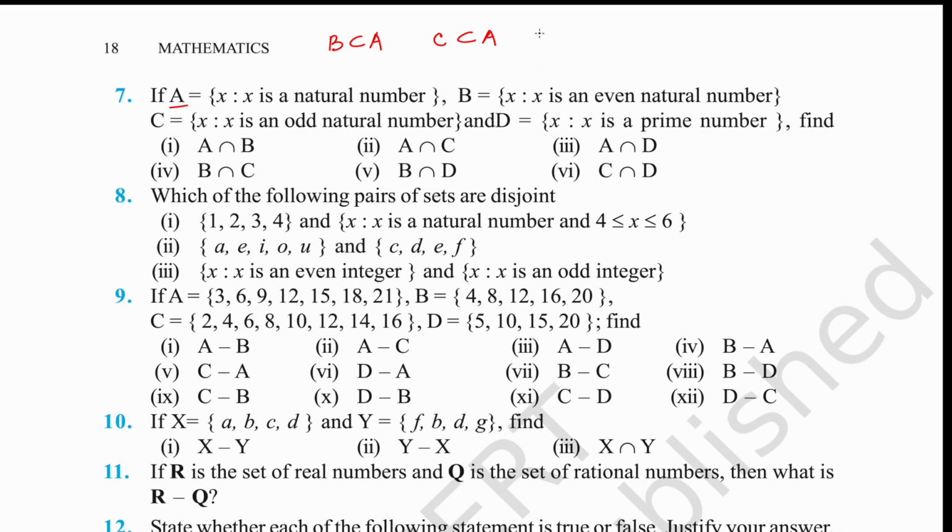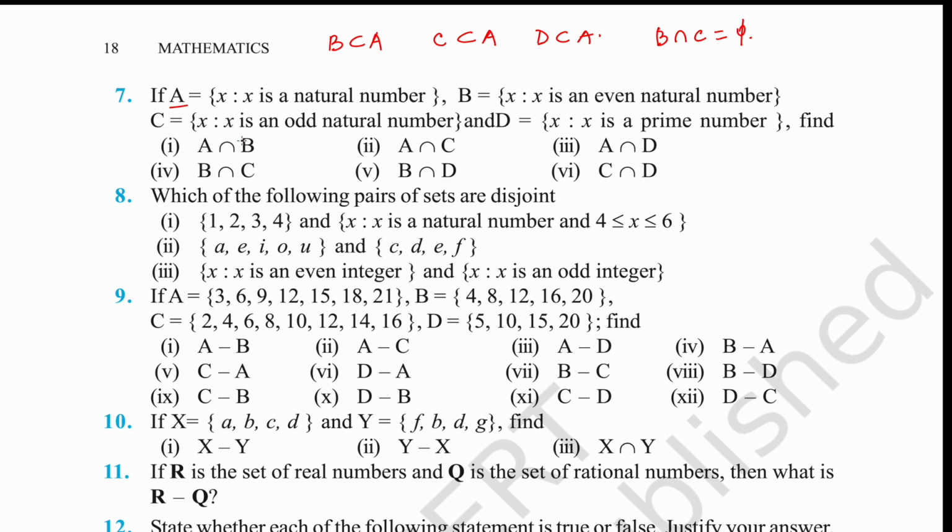So D also is a subset of A because all prime numbers are natural numbers, right? Now you can also see that B is the collection of all even numbers and C is the collection of all odd numbers. So clearly these two sets are not going to have anything in common. So I can clearly see that B intersection C is going to be phi. That means these two are disjoint sets, right?